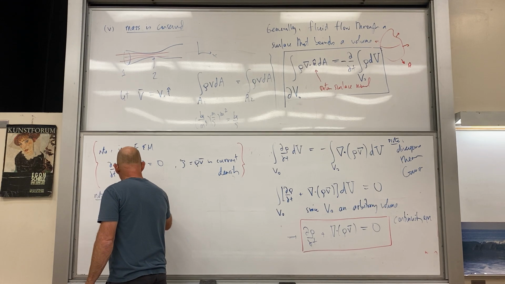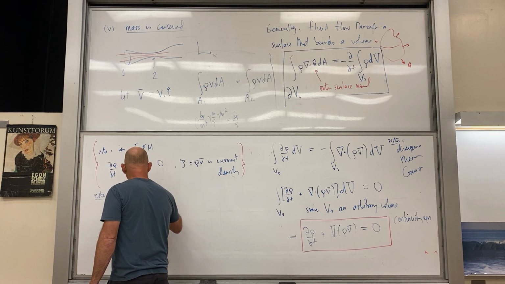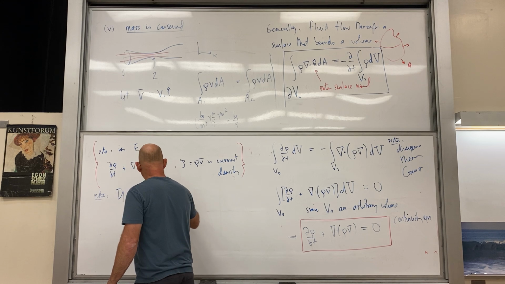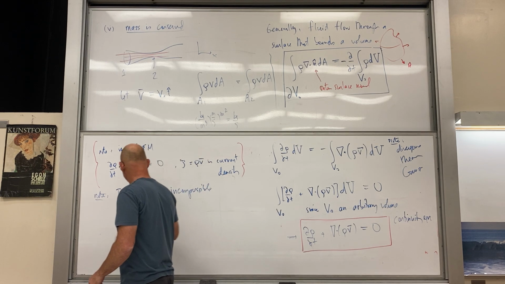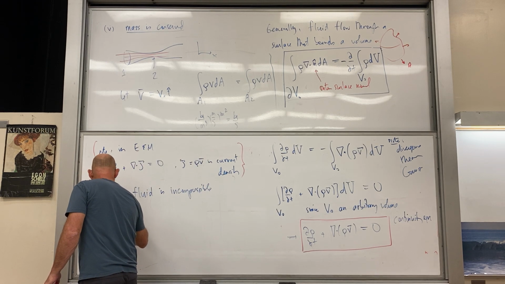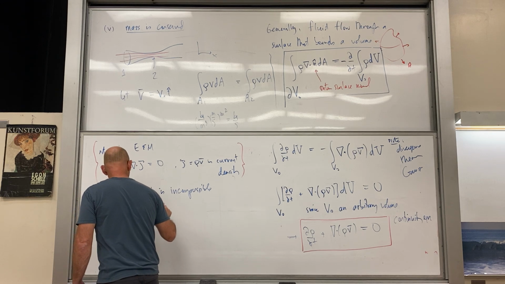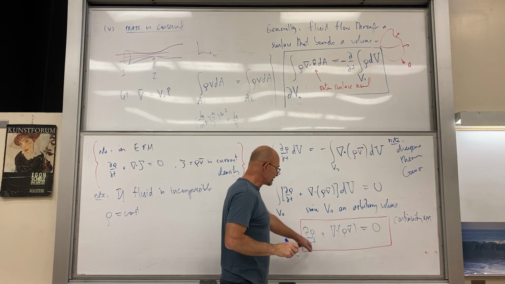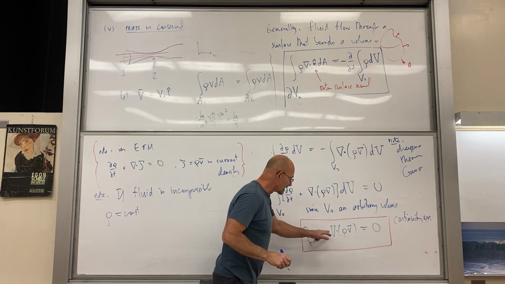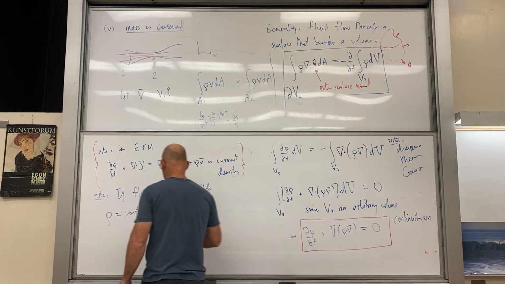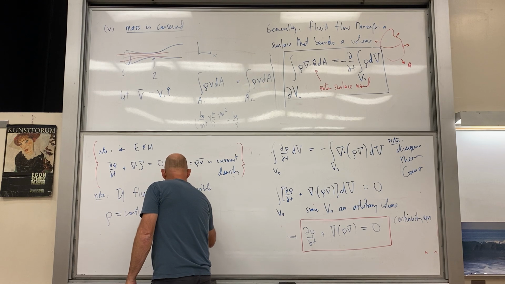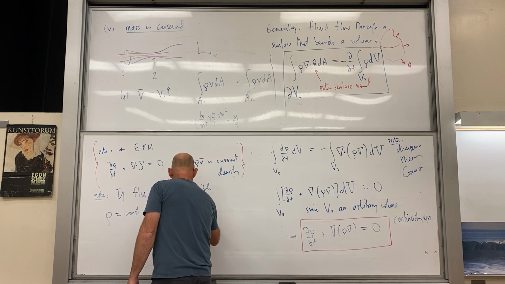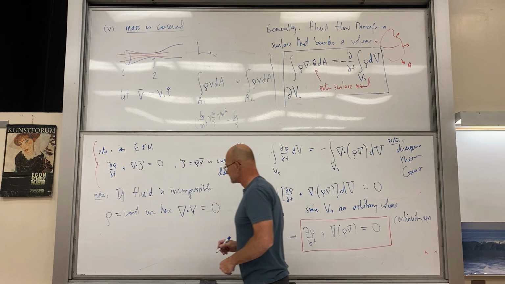If our fluid is incompressible, density is constant, time derivative is 0, pull the constant out, differentiate, we have divergence of V is equal to 0.